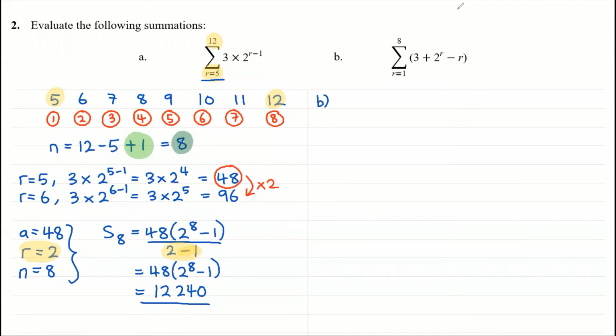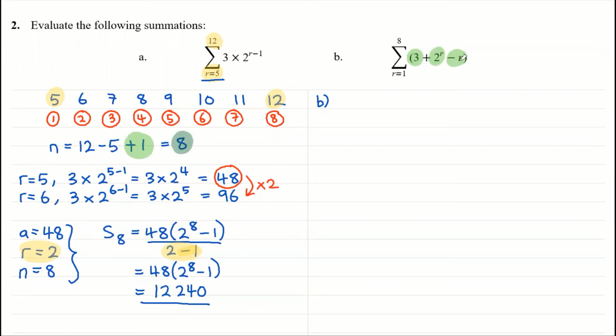Now, 2b is actually quite interesting. This has come up on a previous exam, and I think it's been published in the examination material on the launch of the course in 2017. It's a tricky question because we have three components to this summation, or three terms, if you like. So we've got the 2 to the power r, and the negative r.